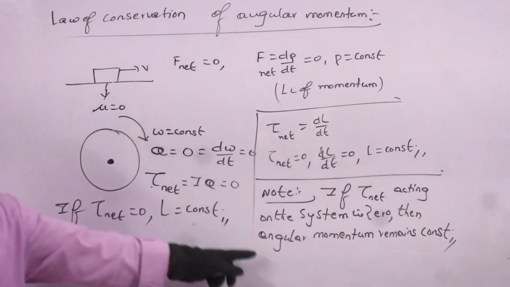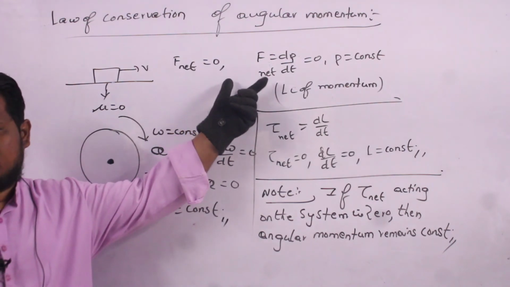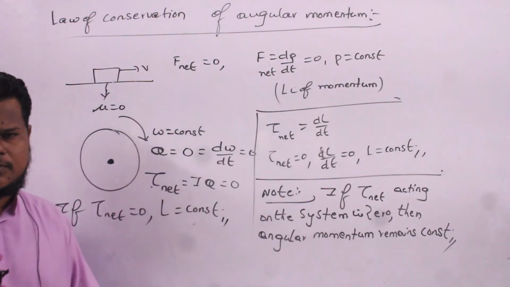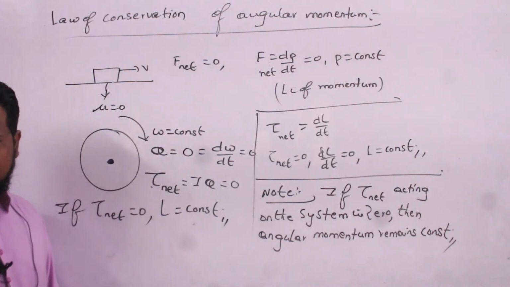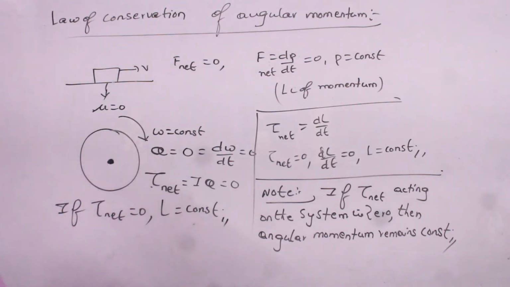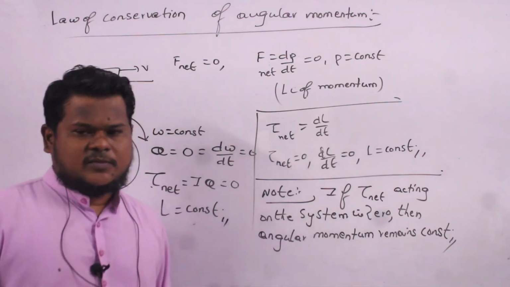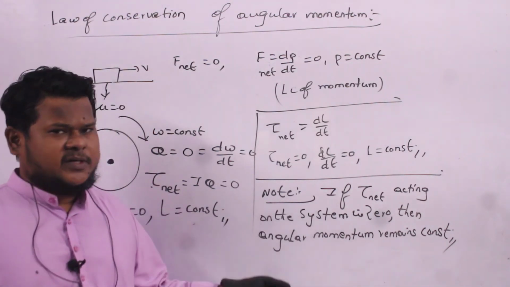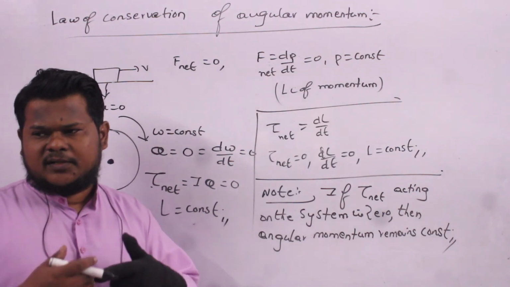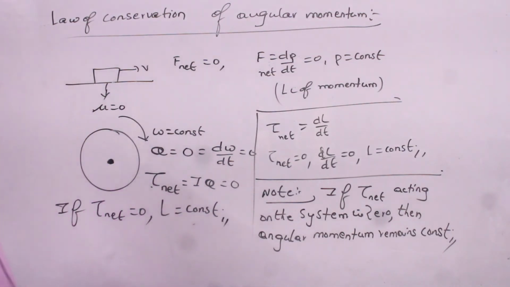Just like what we studied in linear motion, the same concept we are writing again in rotational motion, there is not much change. It means initial angular momentum and final angular momentum are the same.